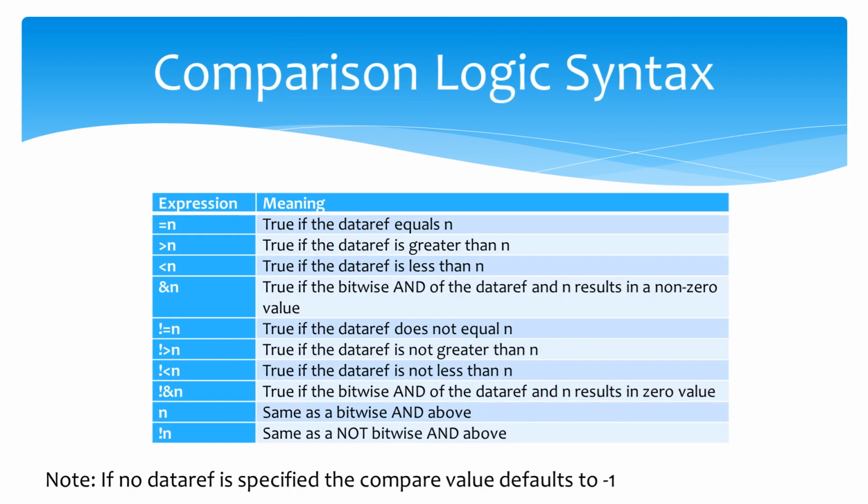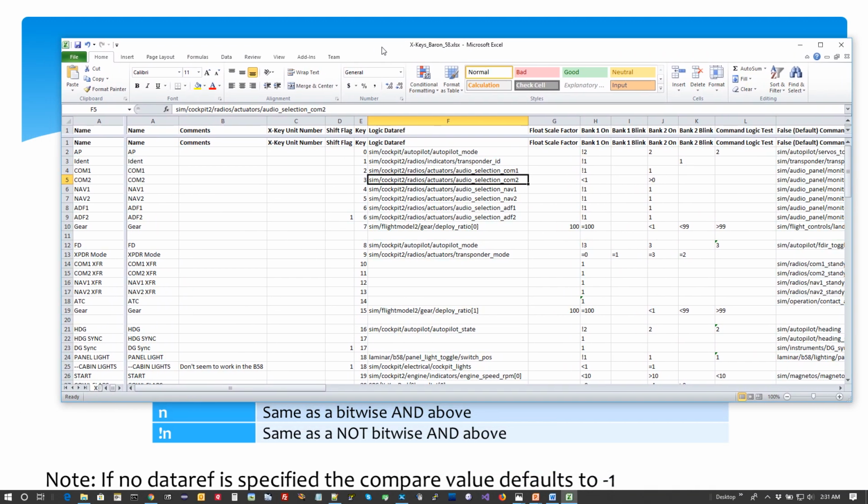So the next thing to talk about is comparisons and logical syntax. So let's just bring up this spreadsheet again real quick. Bring that over here so we can take a look at it. If you look at these columns here for the lead blanks and the command logic, this is the logical expression that you want to put in, that you're trying to decide whether or not you want that lead lit, not lit, or whatever.